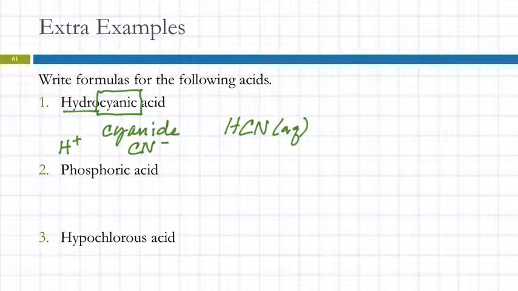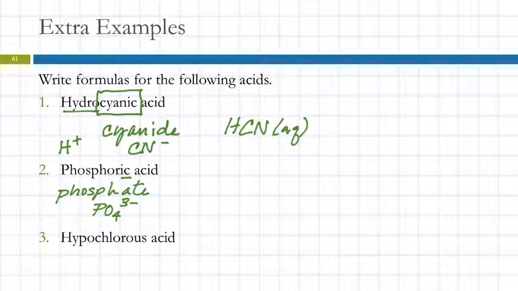Phosphoric acid. Oxyacid or other kind? Oxy. If it doesn't start with hydro, it's an oxyacid. Most of them are oxyacids. So phosphoric, this is based on what ion? Phosphate. So I need the formula for the phosphate ion, PO4 3-.